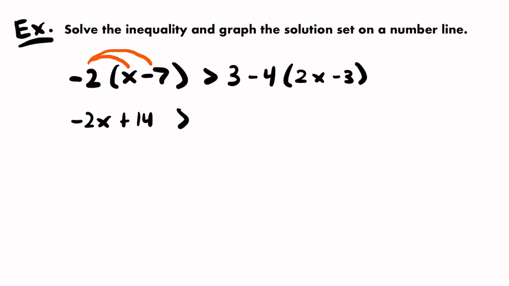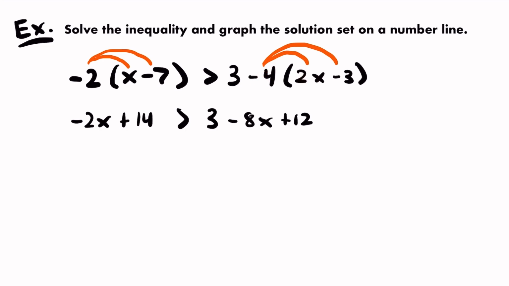So that will be greater than 3 minus 4 times these two terms in these parentheses. And so what I'm going to do is distribute -4 through those parentheses by multiplying it by both of those terms. So we'll multiply -4 by 2x and multiply -4 by -3. Doing that, we get -8x plus 12, right?